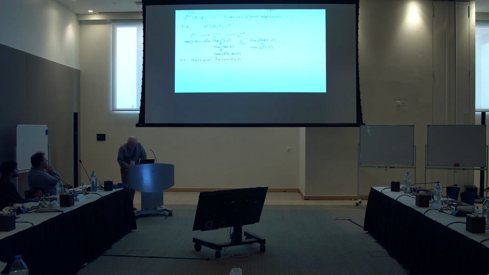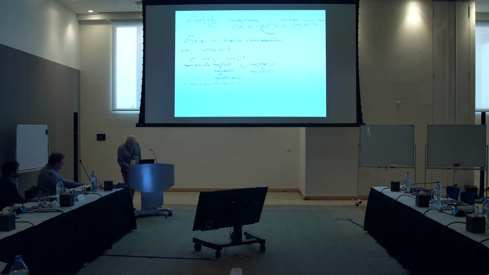Remember, I'm interested in H22, so I'm actually interested in the kernel of this map here, modulo the image of this one. But I've just shown that this is injective, and moreover, this guy here is an isomorphism.